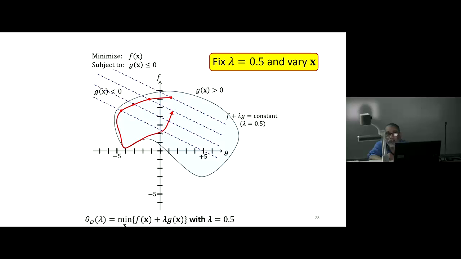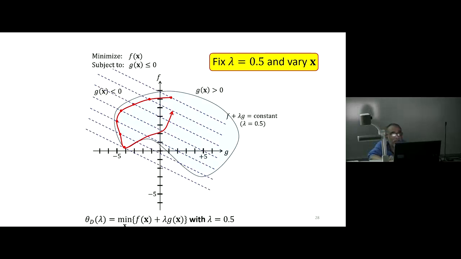This is f plus lambda g. We changed x again, and now this is our f plus lambda g. It's negative 0.3 or something. This is f plus lambda g, whatever this value is, negative 1.7 or something.